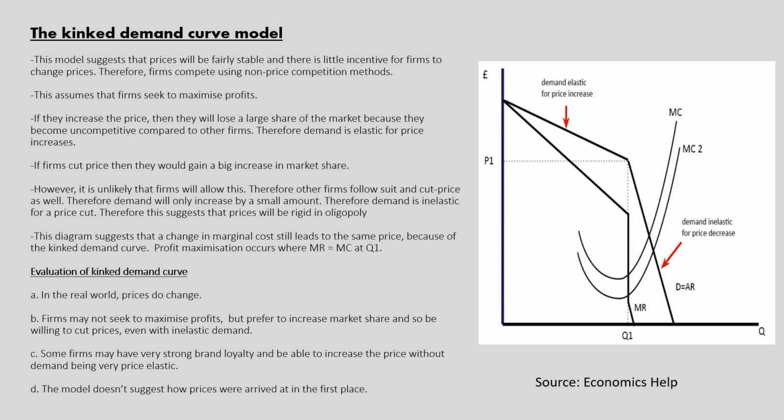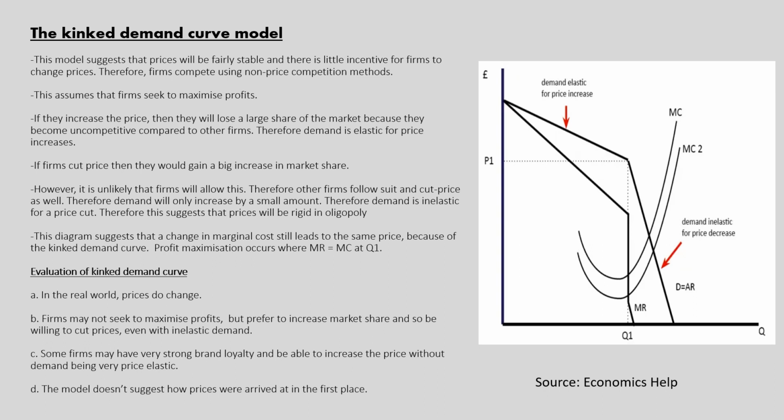However, when you decrease prices or slash prices, in the short run you're able to gain a lot of market share, but then the competitors come in and they also cut prices, and it ends up as a race to the bottom, because everybody's trying to cut prices and somebody's undercutting somebody.